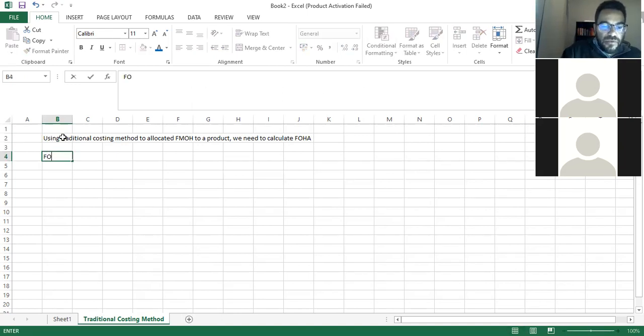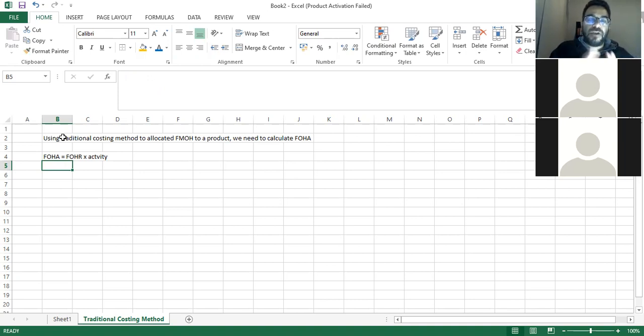Now, fixed overheads applied equals the fixed overhead rate, another term they use is your predetermined overhead rate, multiplied by actual activity. Now, the term activity refers to the basis of allocating overheads.